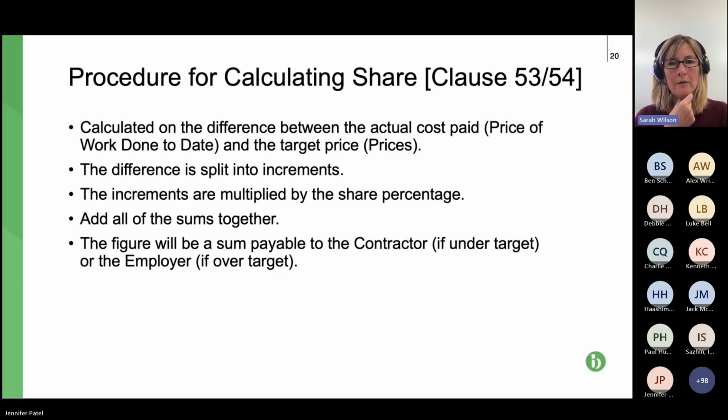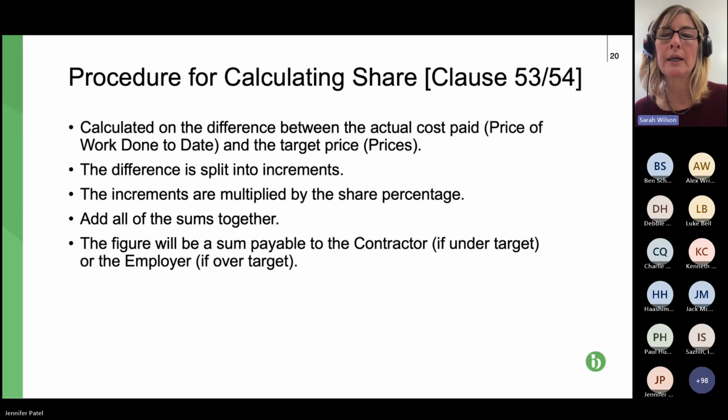Okay, so we've looked at how we set the target cost at the contract stage and how it gets adjusted as the project goes on through compensation events. We've looked at how the contractor gets paid on a month by month basis, and we've looked at how the project manager at completion and after the end of the defects period assesses what the pain gain amount is between the parties.